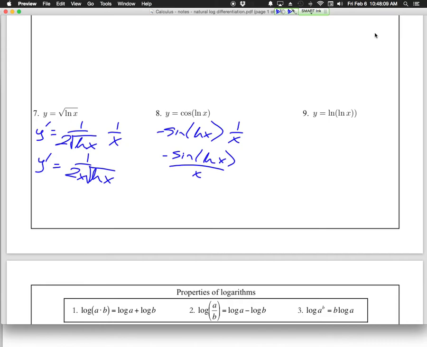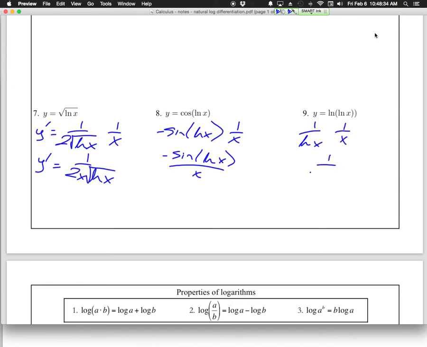Okay, number 9, y equals the natural log of the natural log of x. So, what do I do there? Chain rule. So what's it going to look like? 1 over the natural log of x, times 1 over x.